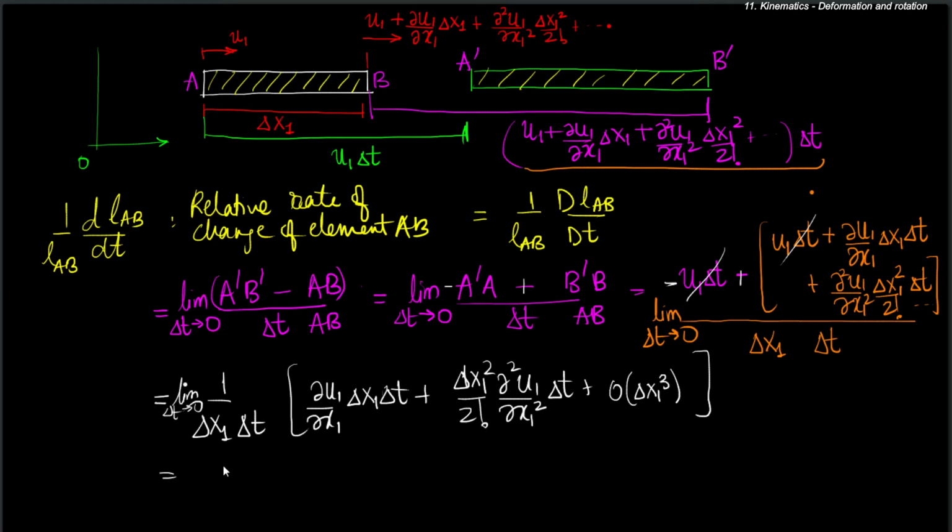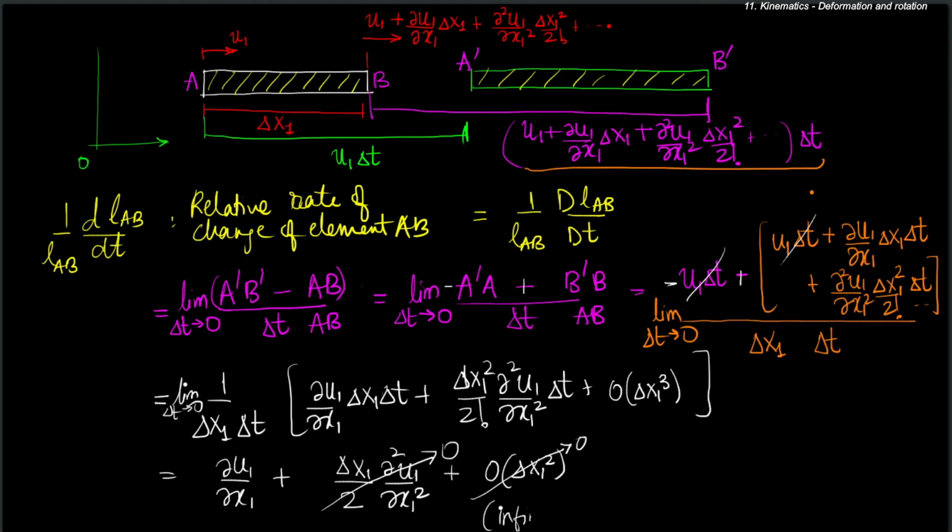We can cancel delta x1 delta t from the first term, and all the other terms are functions of delta x1 and so on. In the limit of infinitesimal element and delta t goes to 0, all the higher order terms cancel, and essentially we are left with del u1 del x1, and this is the relative rate of change of the element AB in the x1 direction.